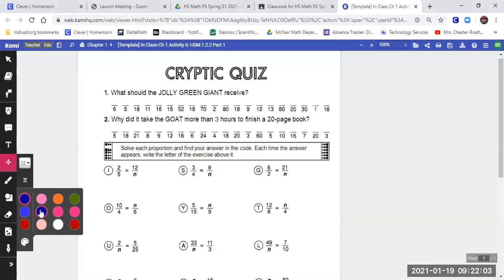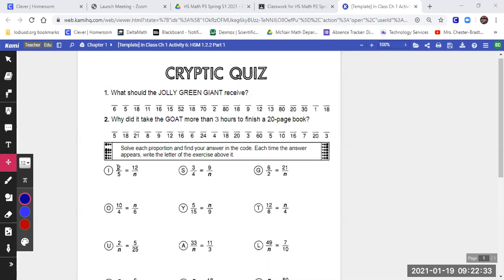Okay, so I'm going to go with dark blue. And we're going to solve on the Cami. That's why you made sure you saved the Cami to your classroom.